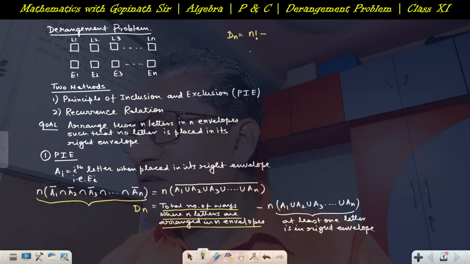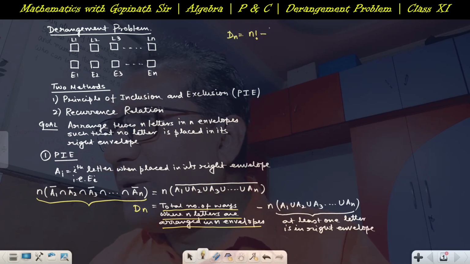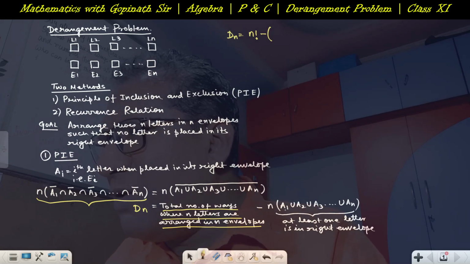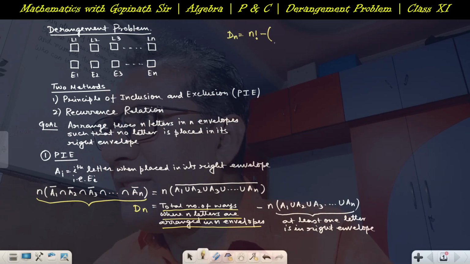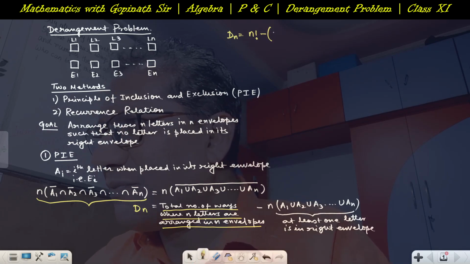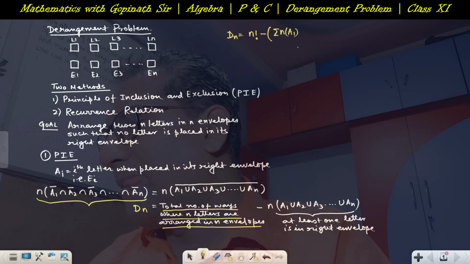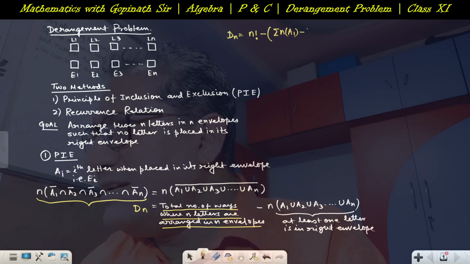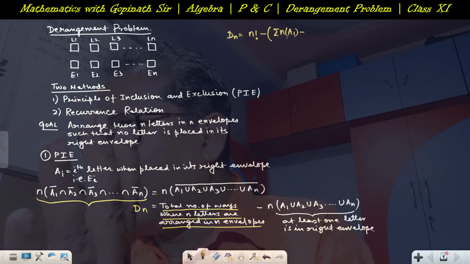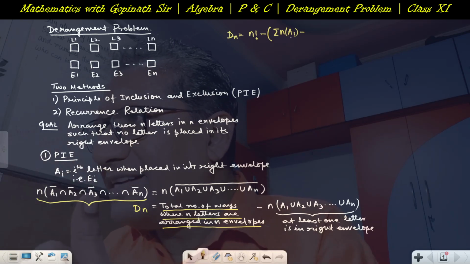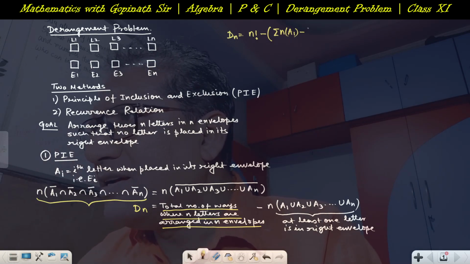Minus, from the inclusion and exclusion principle, we know that n of A1 union A2 union A3 union till An can be written as sigma n of Ai, included. This includes all the possibilities of taking one letter, and then we are excluding two letters taken at a time.